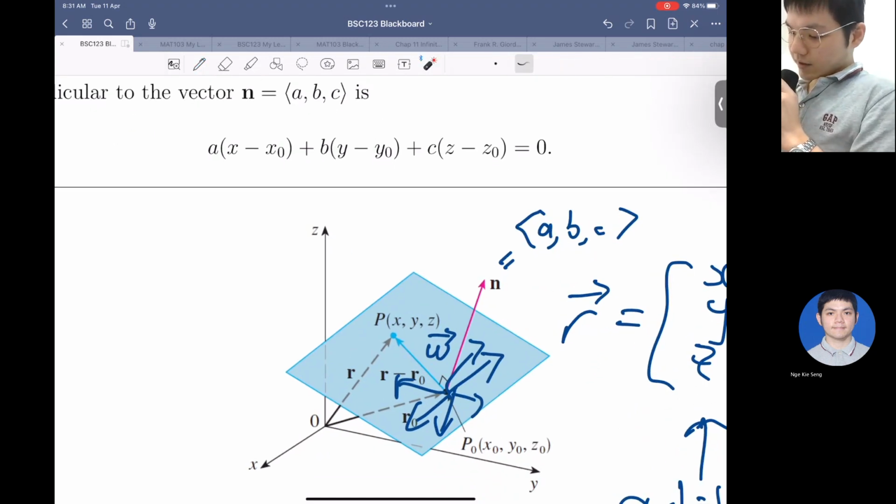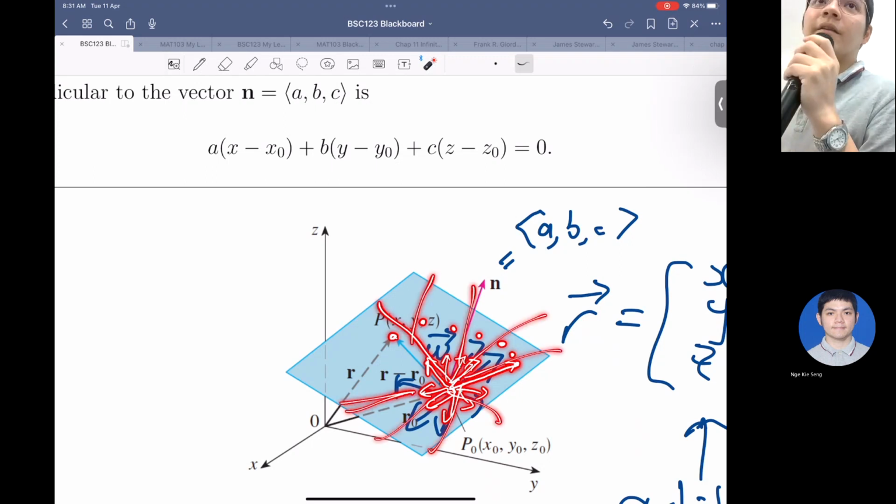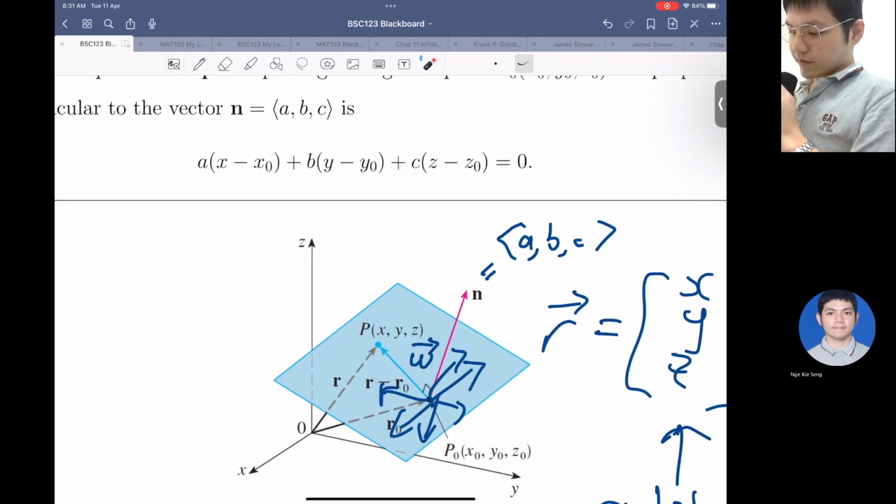Every point on the plane, if you take the vector from that point to x naught, y naught, z naught, all these vectors should be perpendicular to your normal vector. So you can extend everything and you get a plane. Make sense?